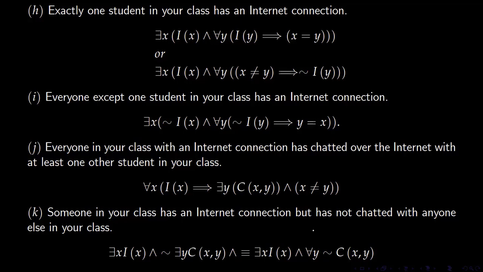This statement can be written like this: there exists a student X such that X has an internet connection, and there does not exist a student Y such that X has chatted with Y. This is equivalent to: there exists an X such that X has an internet connection, and for all Y, X has not chatted with Y.